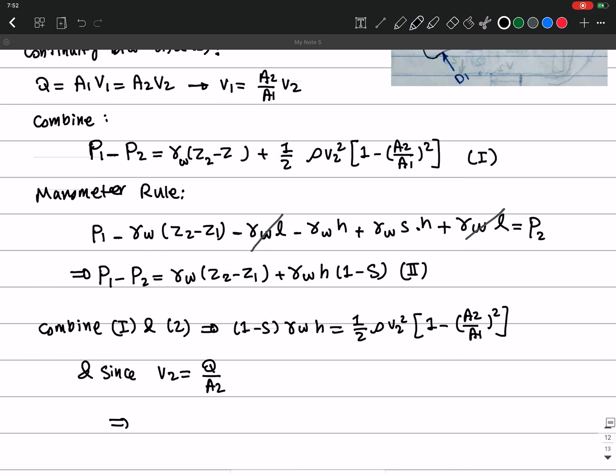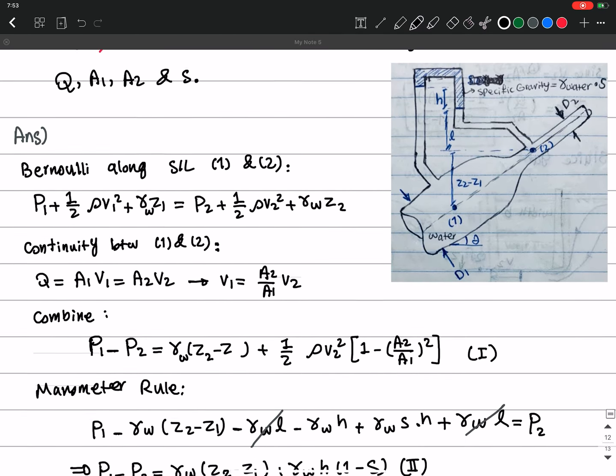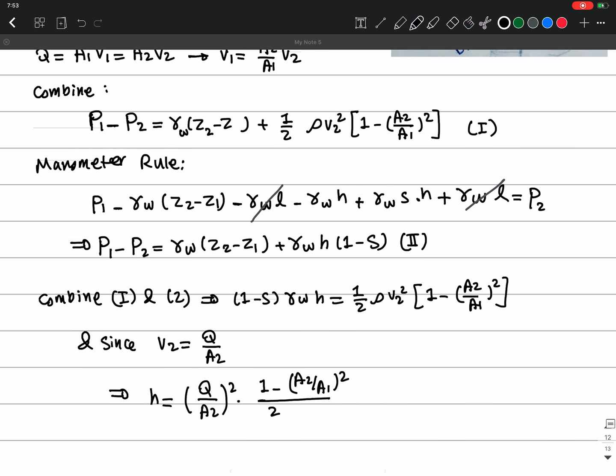I can write this H equals, from this equation, (Q over A2) squared, which is this V2 squared, times (1 minus (A2 over A1) squared), which is this term, over 2, and gamma water is what?